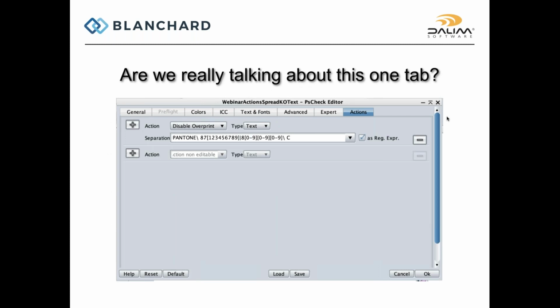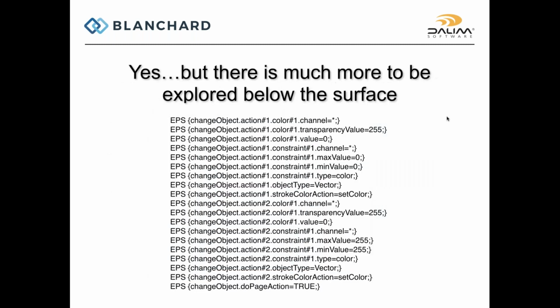Well, yeah, it is. I'm talking about that Actions tab, but there's a whole lot more that goes on beneath it. And we're going to look at how to manipulate that stuff to achieve our ends, assuming we have something we want to achieve.